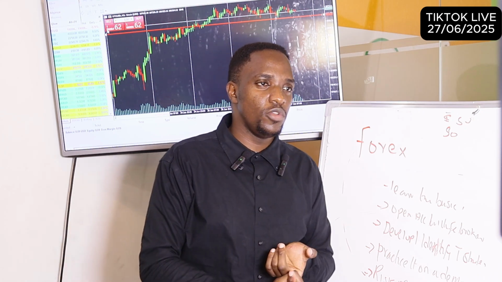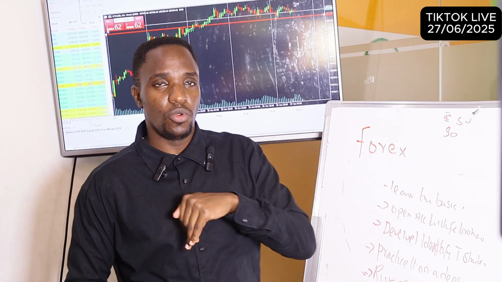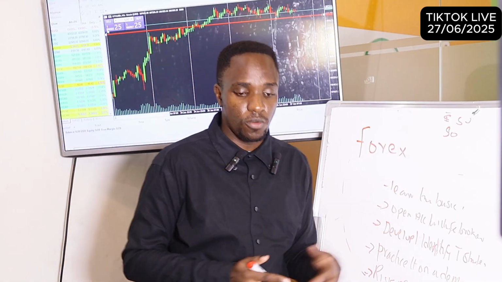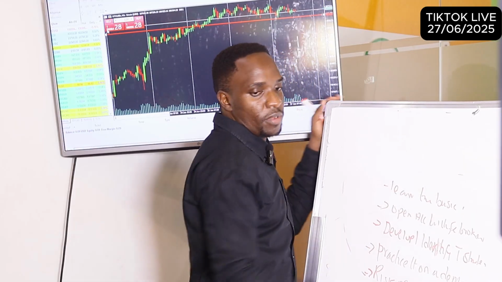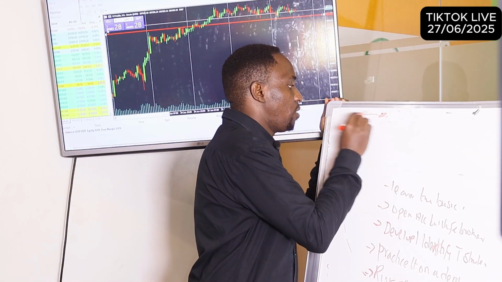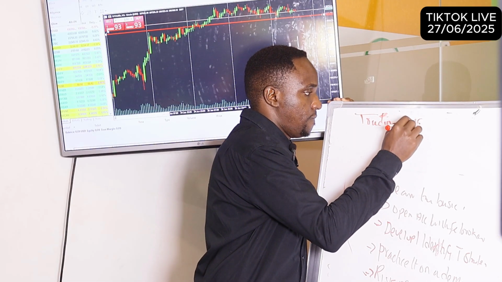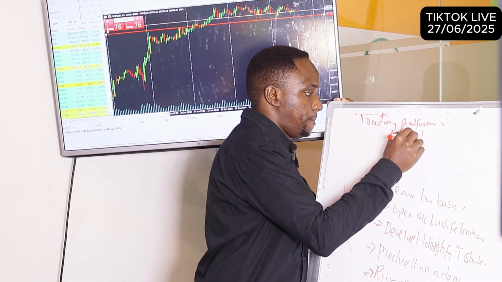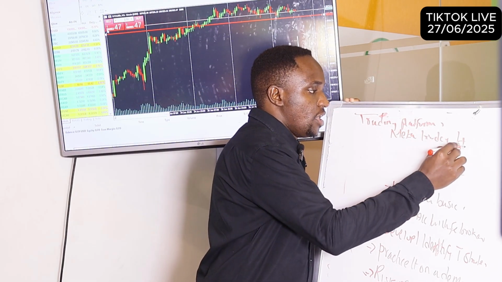The other thing that you can look at is the spread, as well as the trading platform that that broker is offering. Different brokers offer different trading platforms, and these are the most common trading platforms in the market. So when you talk about trading platforms, the first one is MetaTrader 4. The other one is MetaTrader 5.